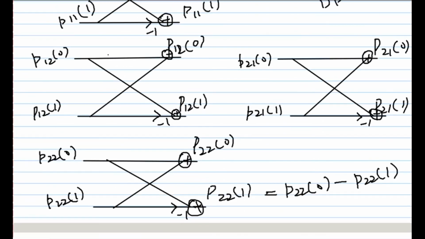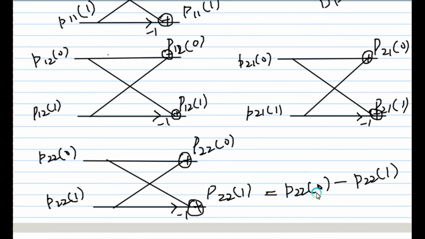So these are the butterfly diagrams for the rest of the 3. For example, in this case, this P21 will be equivalent to P220 minus P221, where P221 is multiplied by minus 1.